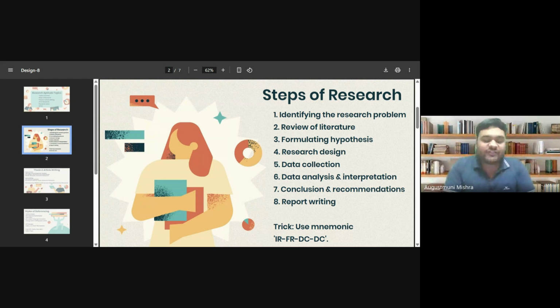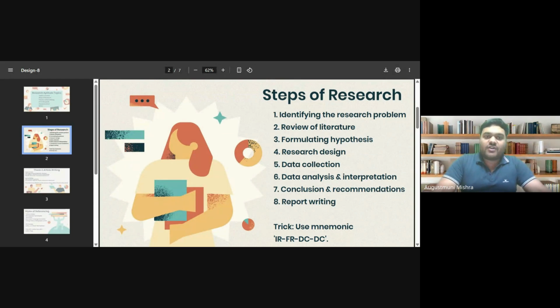Whenever you are finding the research title, you are also doing the review of literature, so during that your review of literature is also covered. So most of the things are covered during the first step, which is known as the formulation of your research problem.